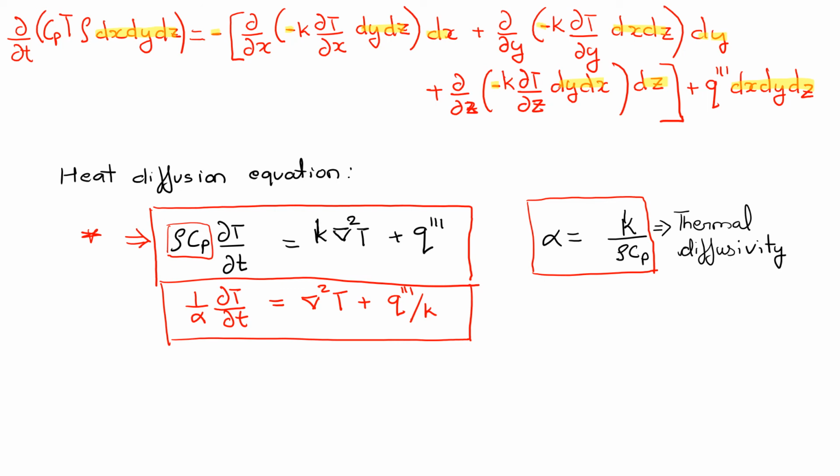Now to solve this equation we need two things. If you're working in a 3D space, say you're working in XYZ coordinates, you will need 6 boundary conditions.